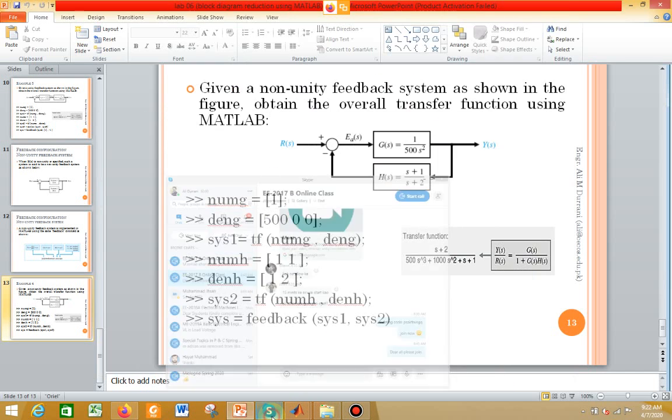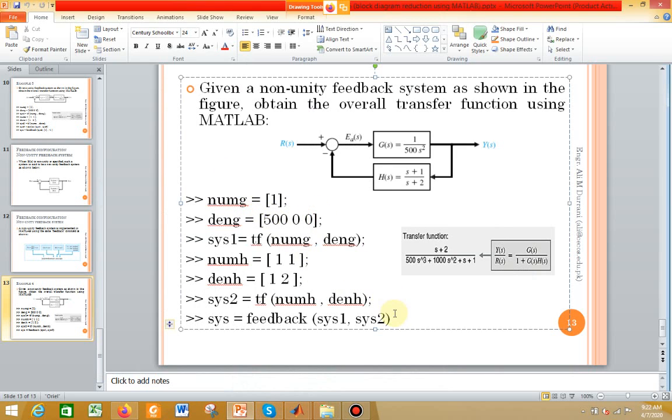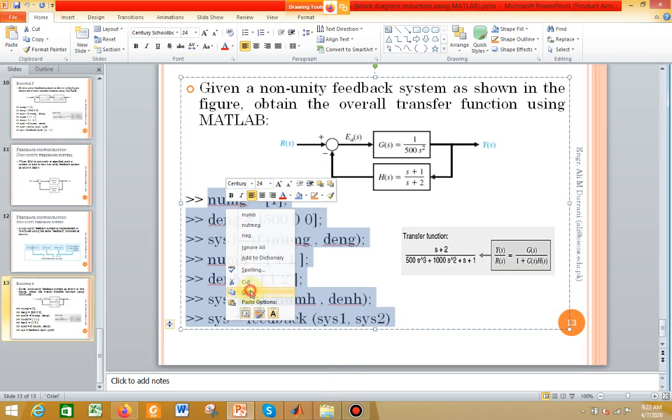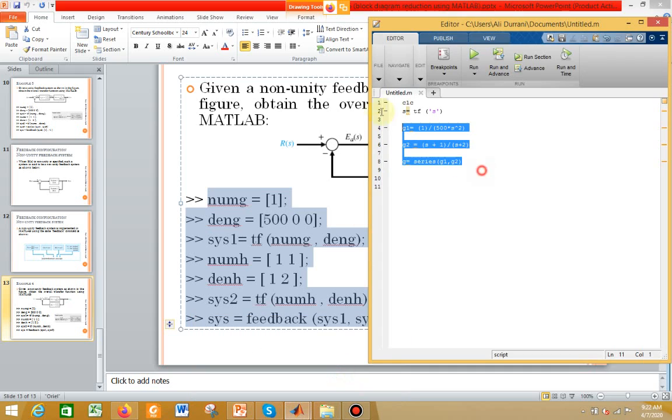Okay, so here's our code. So again, in the first 3 lines, I have defined the first transfer function. In the next 3 lines, I have defined the transfer function in the feedback, and in the last line I have defined system feedback system 1 system 2.